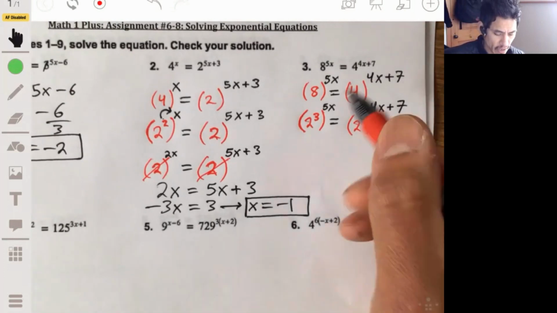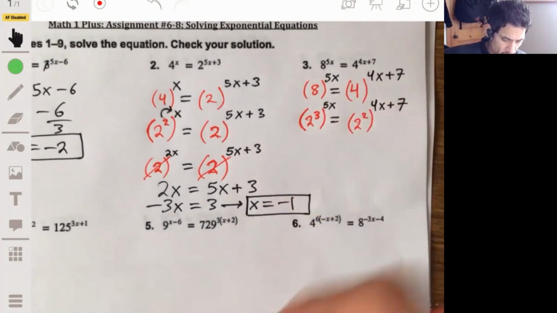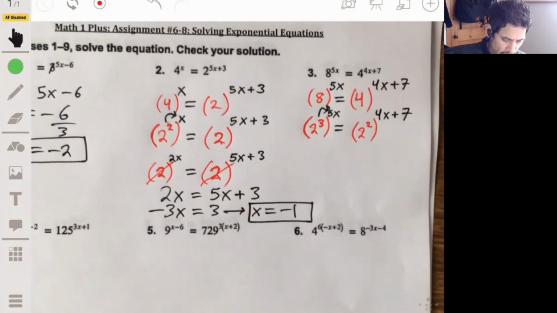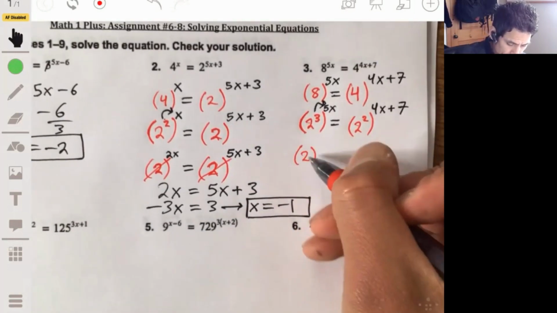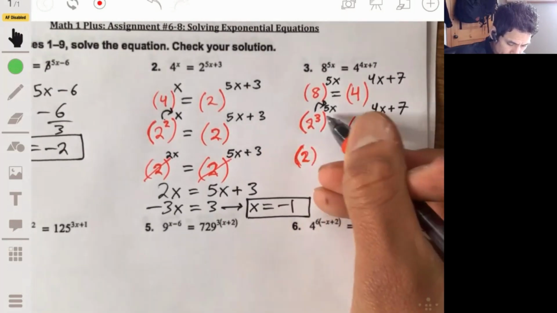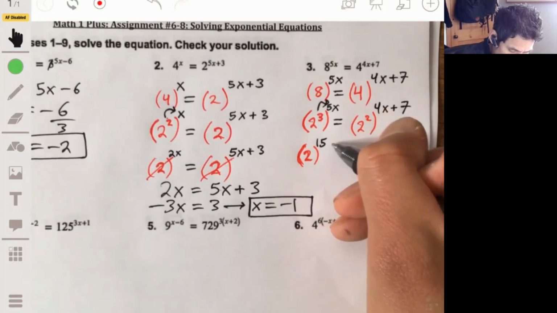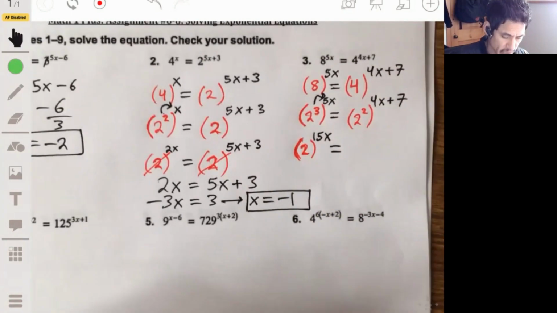And then on the left side, we're going to distribute that 3 to the 5x there. And then we're going to have 2 raised to the 3 times 5x. You're going to multiply, so you're going to have 2 raised to the 15x.